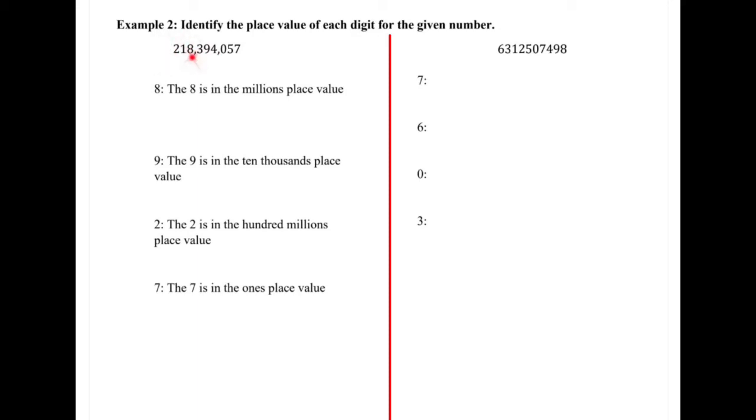And it's in the ones place, so it's just 8 millions. Now the 9 is in that middle period, so that's thousands. It's the second place of the second period.